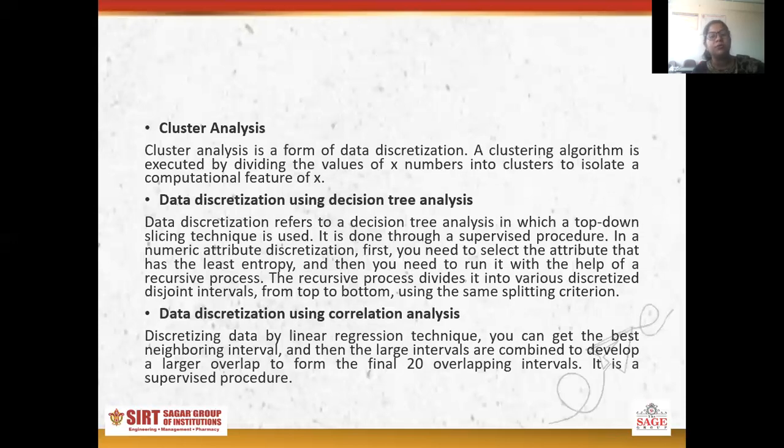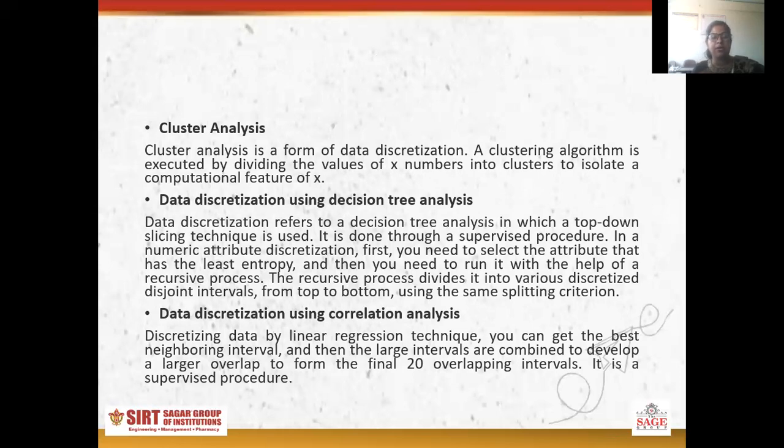In cluster analysis, we are making clusters of similar values. If we are making clusters of values from 1 to 20 and there is a number 50, you can ultimately find that 50 is some sort of error or a kind of outlier. So with the help of cluster analysis, one can do the reductions.